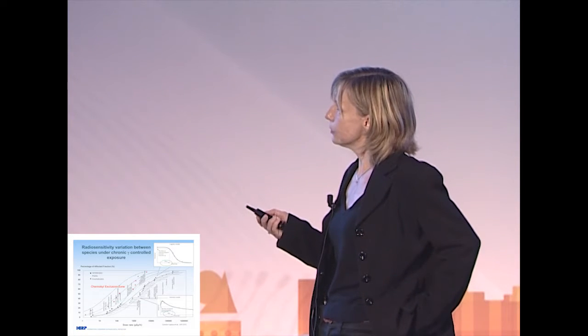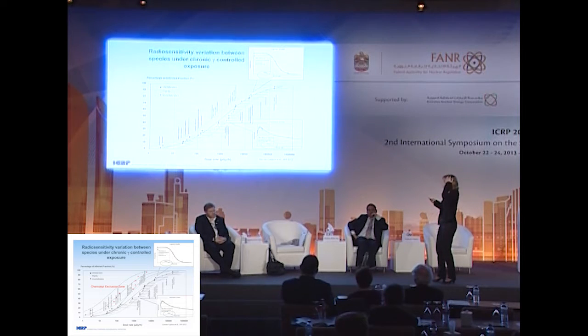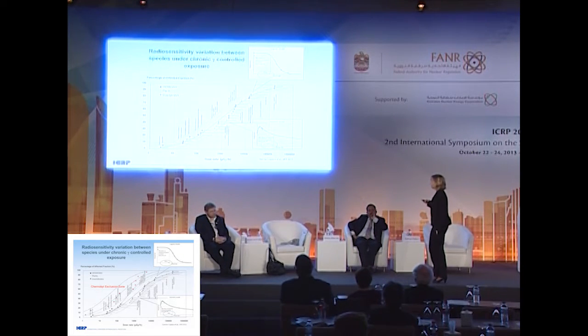So here is a representation of the radiosensitivity variation between species under chronic gamma-controlled exposure in the lab. Each symbol represents one species and the lowest value of the 10% effect dose rate on population-relevant endpoints.